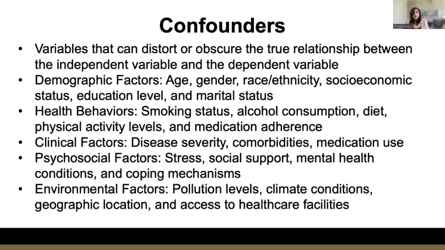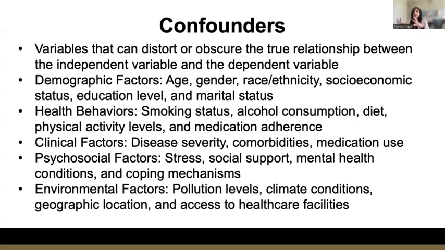So a little bit more about confounders. These are the variables that can distort or obscure the true relationship between our X and Y, which is the independent variable and the outcome.